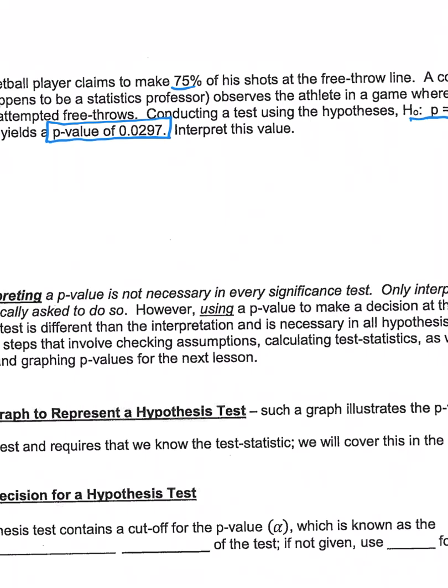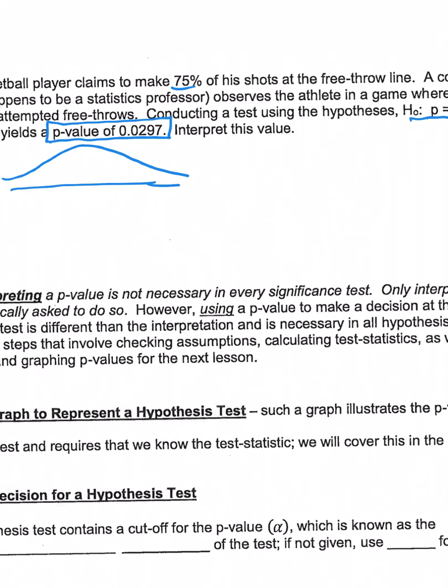So I want you to think about this curve. With this alternative hypothesis, what should this curve look like? Where should the line be? This is less than 0.75, right?